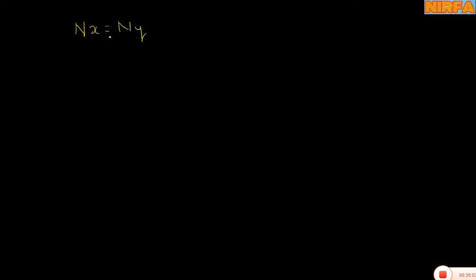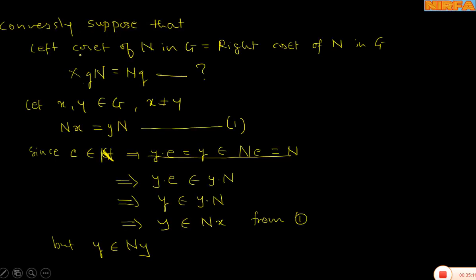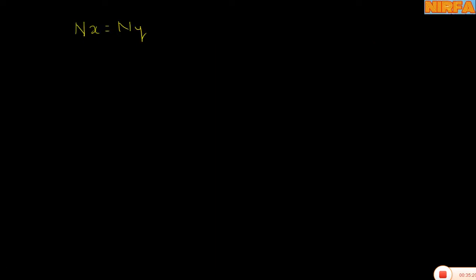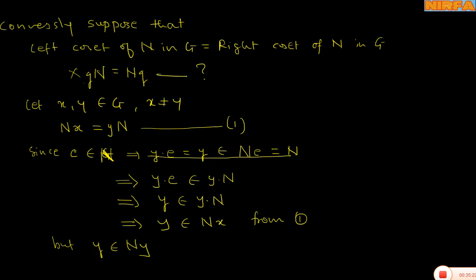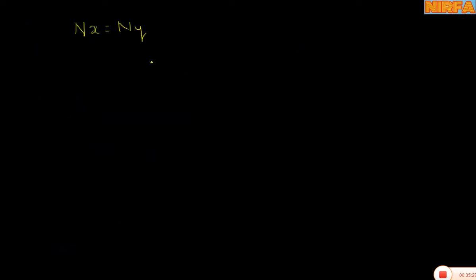Now I will put this result, because already we assumed that nx is equal to yn, and now we have proved that nx is equal to ny. So instead of nx, I'll write ny. Therefore, from equation 1, instead of nx, I am writing ny.